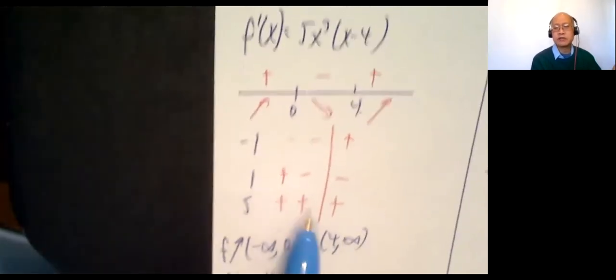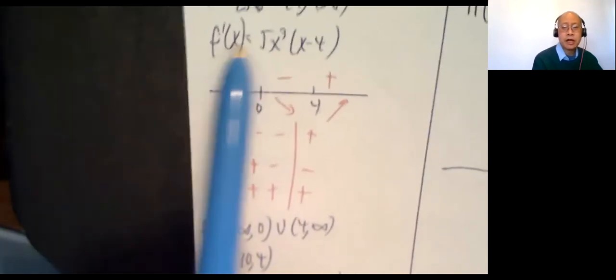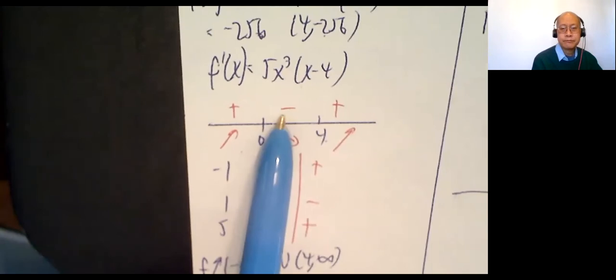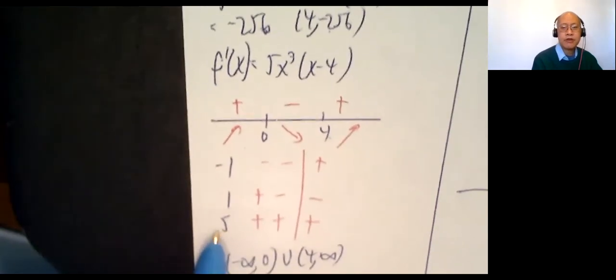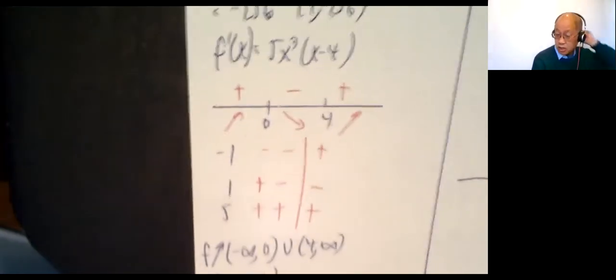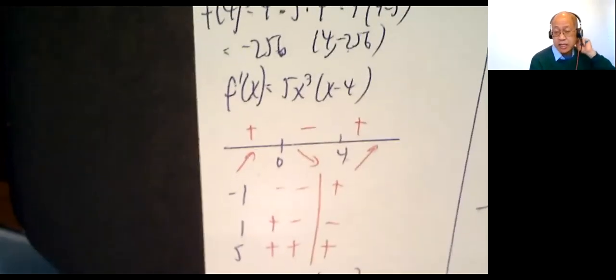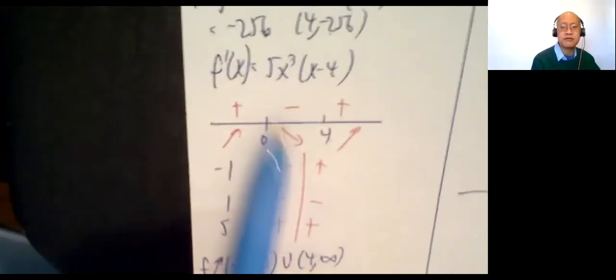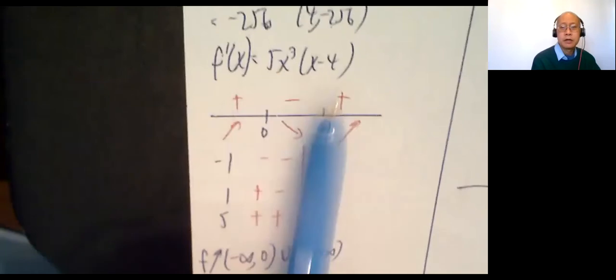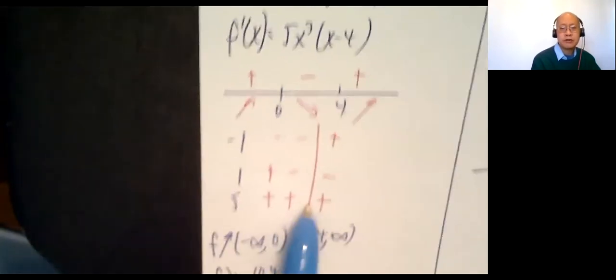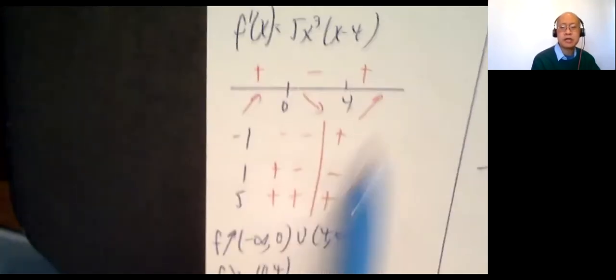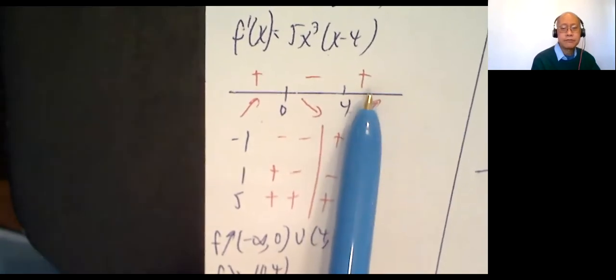See how much nicer it is when you don't care about the exact value, you just want the sign. A positive times a negative is negative. 5 times 5 cubed, I don't really care about the exact value. That's a big number, but I know it's positive. 5 minus 4, positive. Positive times positive, positive.